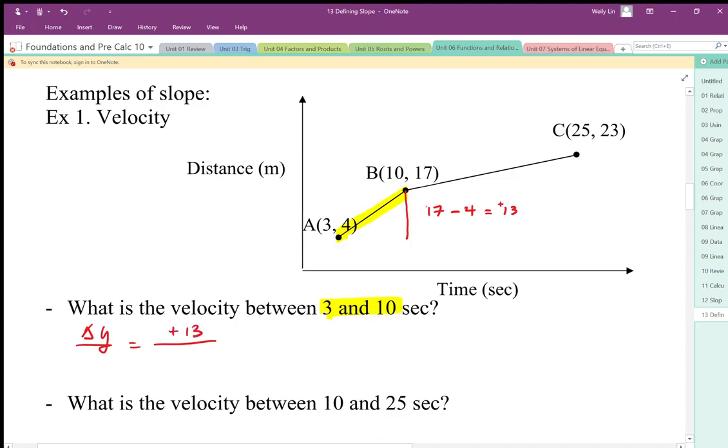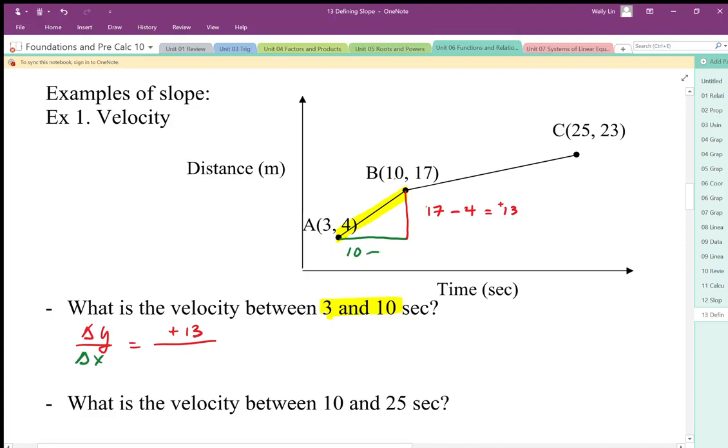Okay, and then we're going to compare that to the change in x, because the slope is the ratio of this change. So the change in x is going to be, the end point is 10. Remember, the first coordinate is your x. We always start with the y, so y is going to be on top, which is a little bit backwards because the y is the second coordinate.